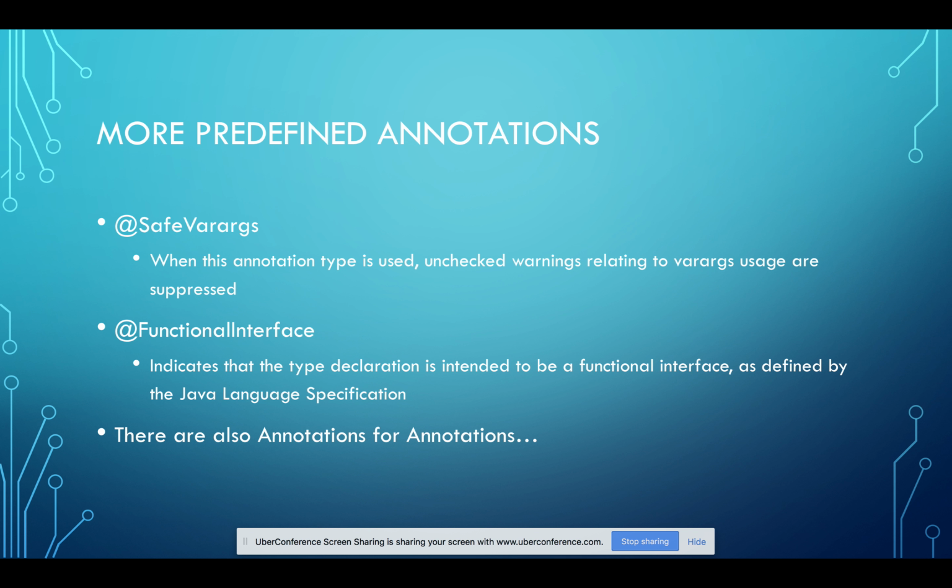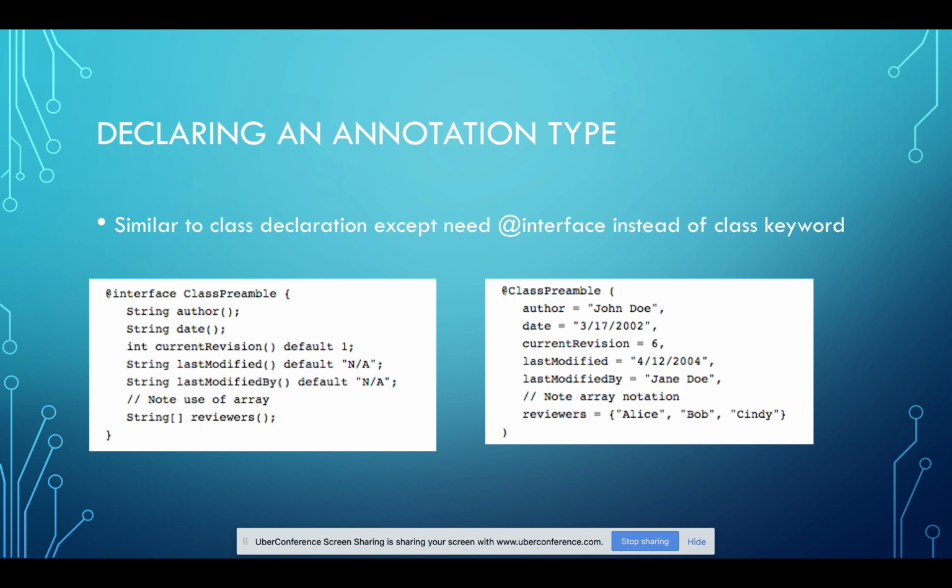Then there's a functional interface one, which I wasn't quite sure on. They didn't have too much on the trails on this one, but that's just another Java predefined annotation. And then there's some other annotations, but they're for annotating annotations, which I'll get into at the end. But you can also declare your own annotation type.